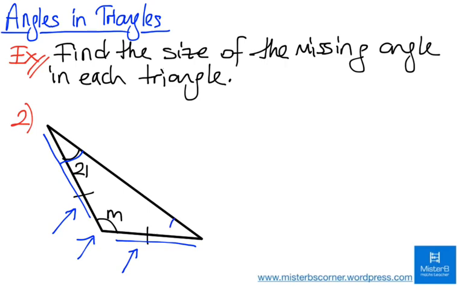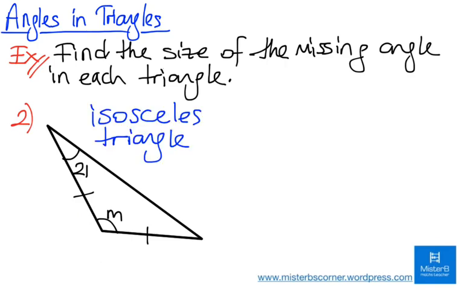We know one of them, but we don't know this one. All right? But we are given the side lengths being the same. So this is actually an isosceles triangle. So if these two sides are the same, then these two angles must be the same.